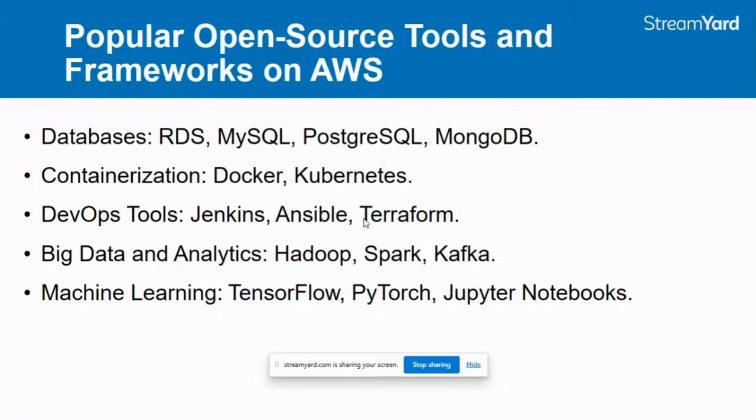RDS supports various relational database engines, like MySQL, PostgreSQL, MongoDB, Oracle, and SQL Server, and MariaDB is also there. So we have various flavors available when we use these databases.